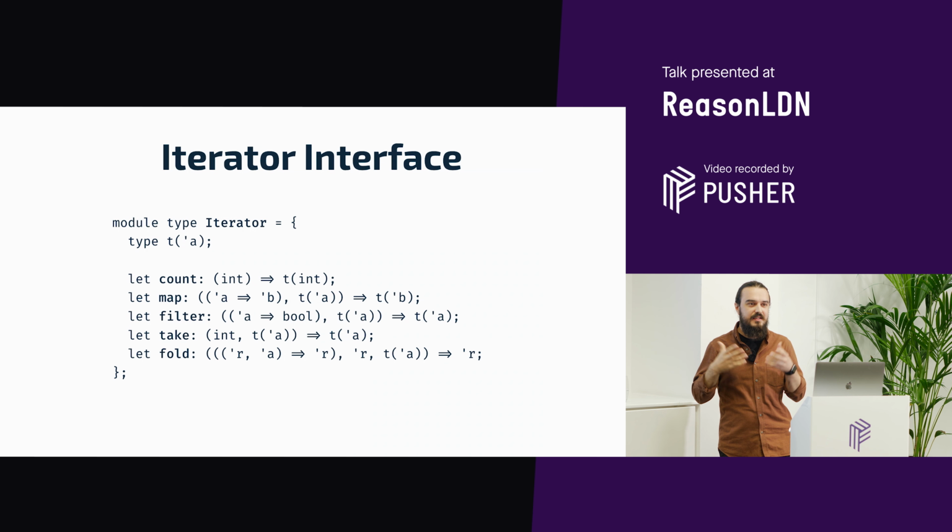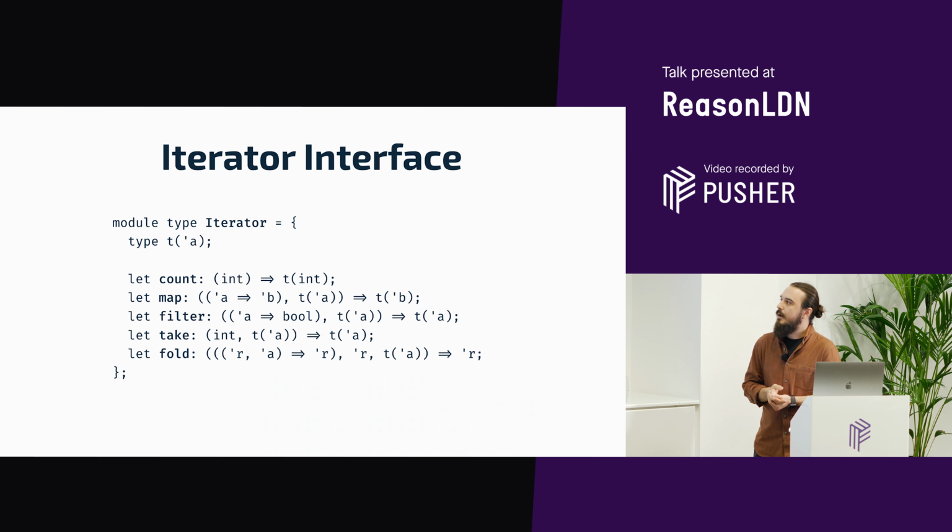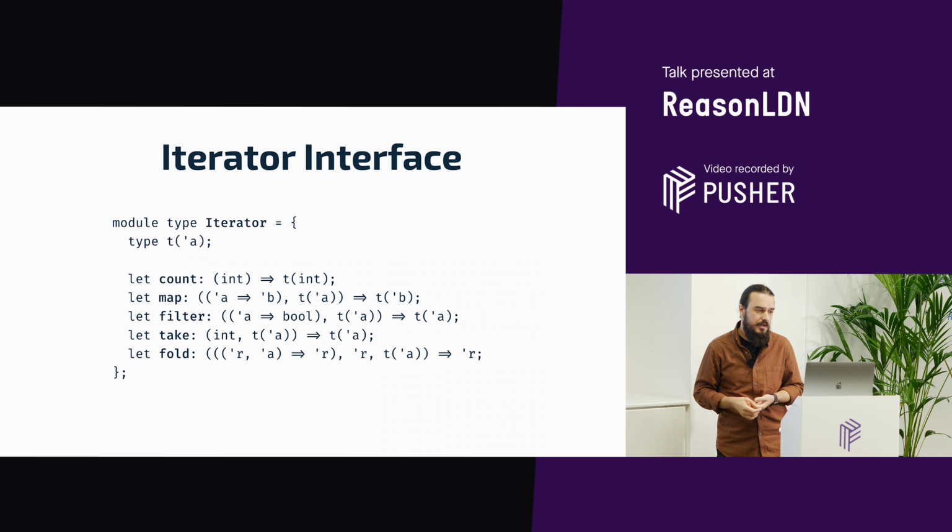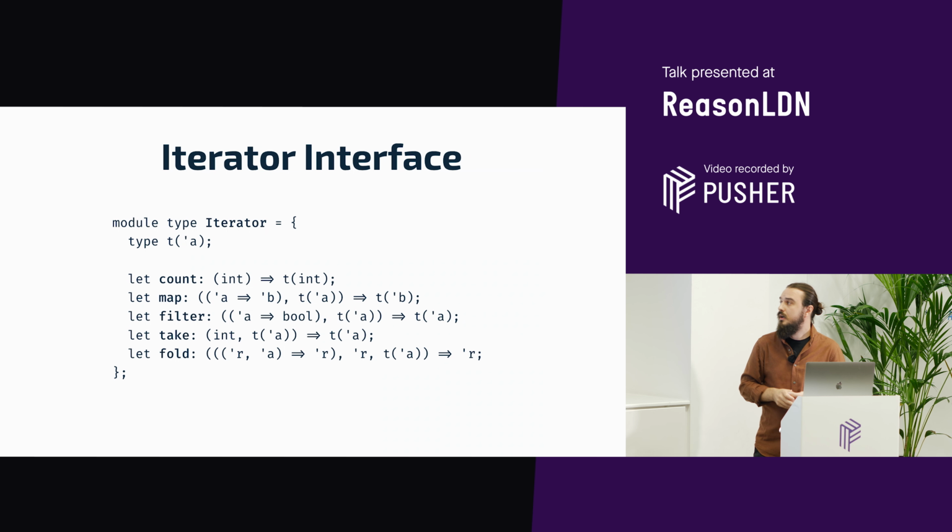You can think about it as this for that scope. And I enumerated here a few helper functions that are typically seen in iterators, like map, filter, take, and fold.